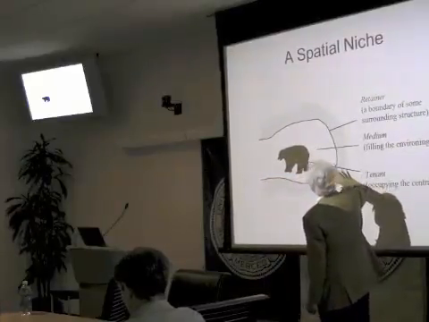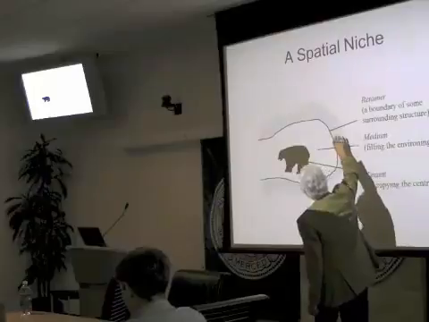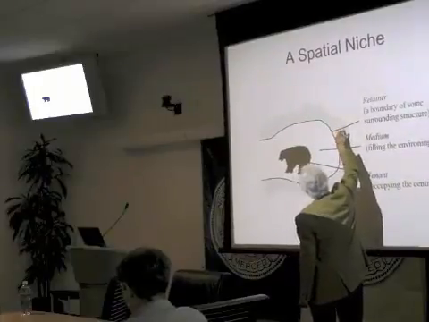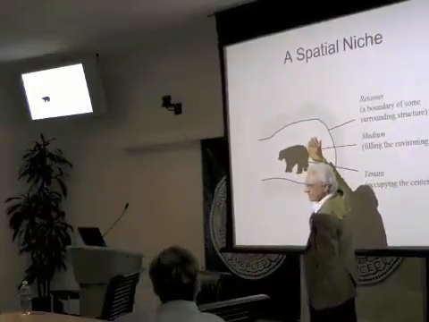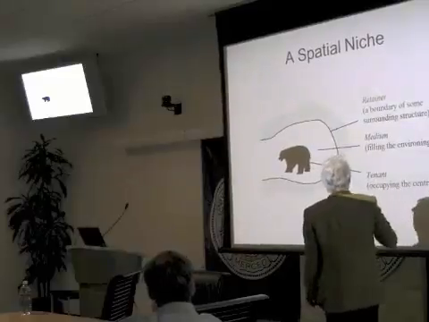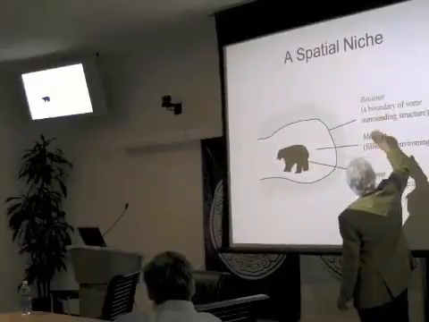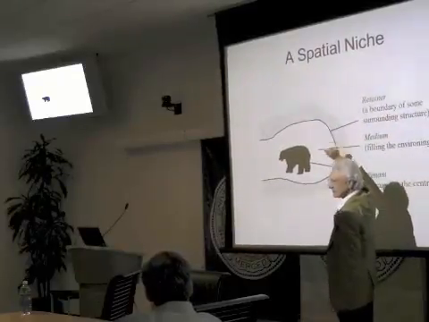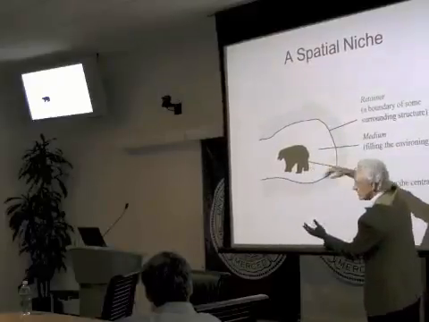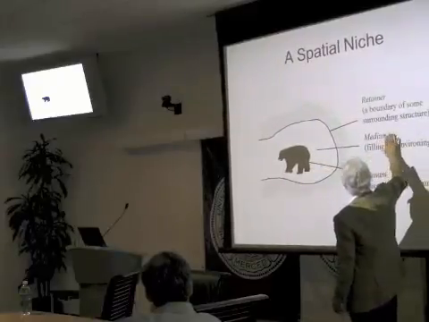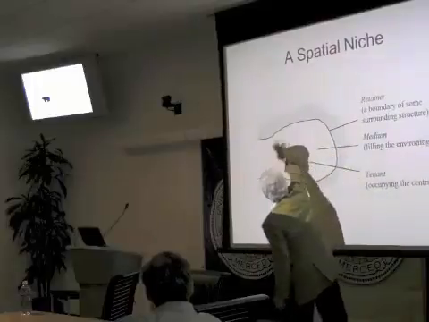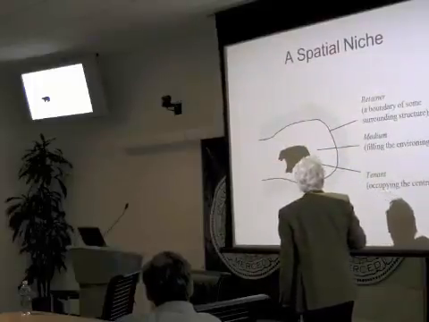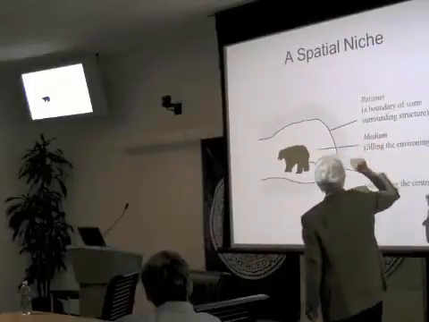The physical discontinuity is a discontinuity between solid rock, in this case, and air, some medium. So we have what I call the retainer, which is the boundary of some structure, contains something. And we have the medium, which fills this hole created in the retainer.